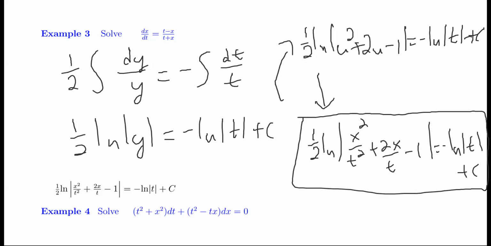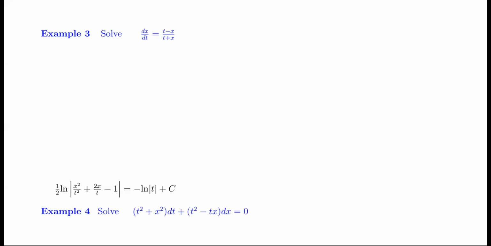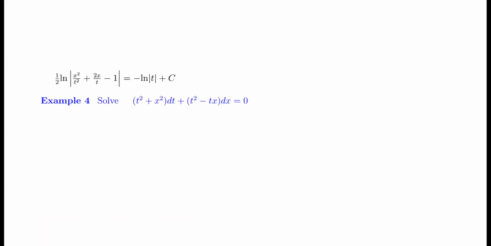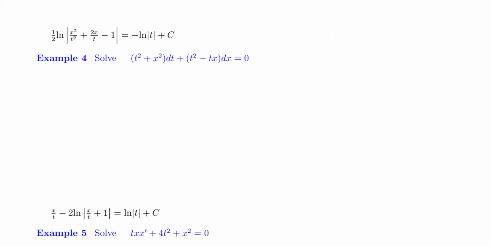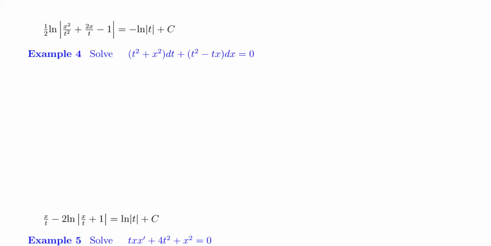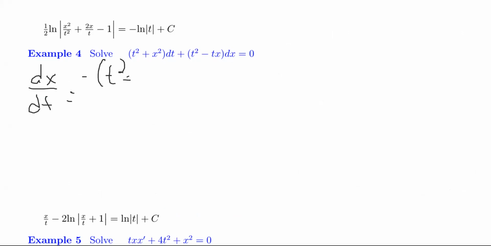All right. We got 2 more to go through. For this next one, if we rewrite everything and put it into dx/dt is equal to some function m of (t,x) over n of (t,x), we get to this. dx/dt is equal to negative of (t squared plus x squared) all over (t squared minus tx).